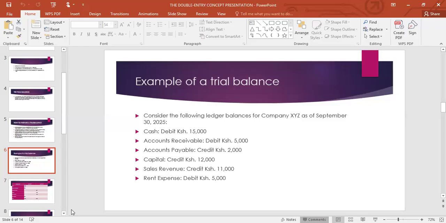Now, the cash is 15,000. And cash, what do we do with cash? Do we debit or we credit? We debit. Now, we have another one here, accounts receivable, which is Kenya shillings 5,000. Do we debit it or we credit it? We debit. Now, if I may ask, class, what is an accounts receivable?